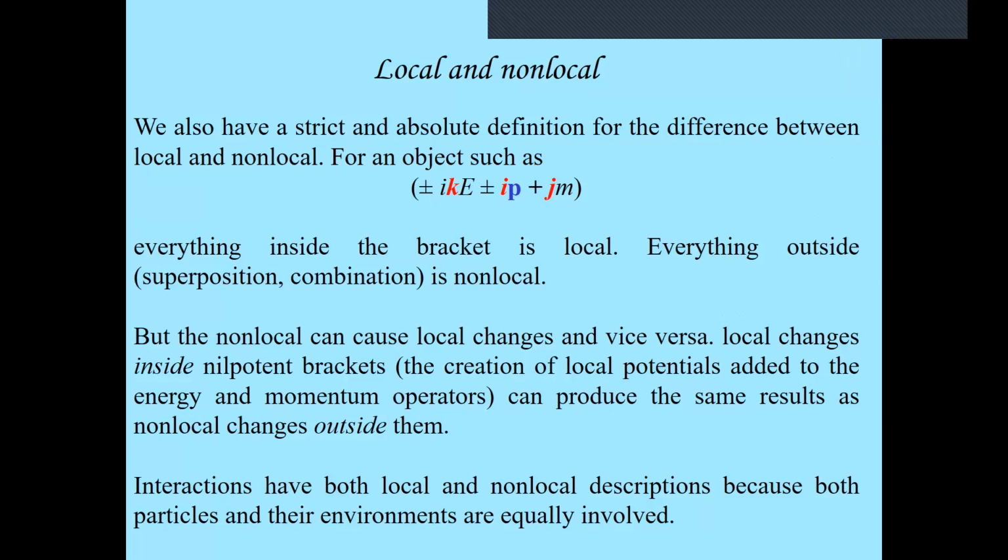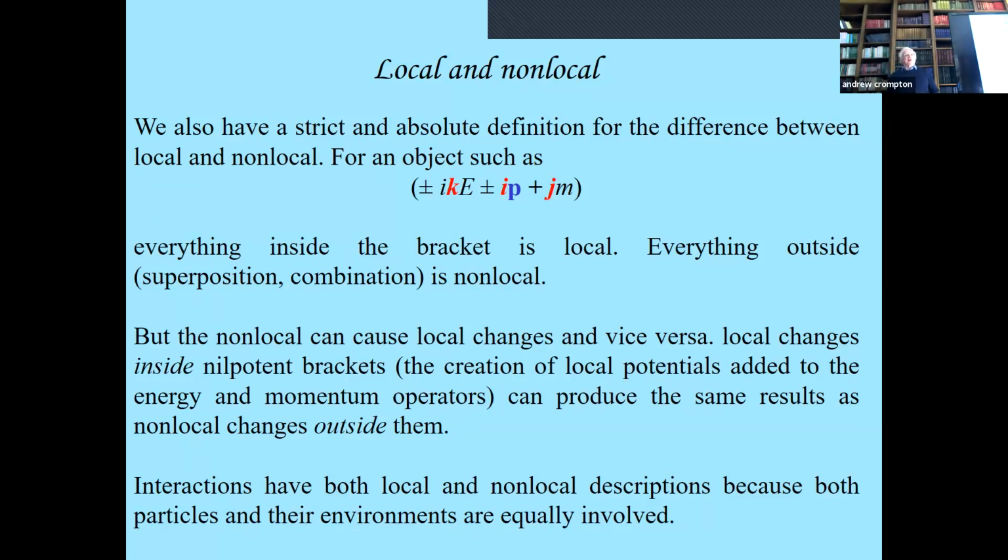But that doesn't mean they're not related. When you've got a fermion or a vacuum, you have to do both a local and a non-local description of it. So the non-local can cause local changes and vice versa. Local changes occur inside the brackets on the E and P terms.